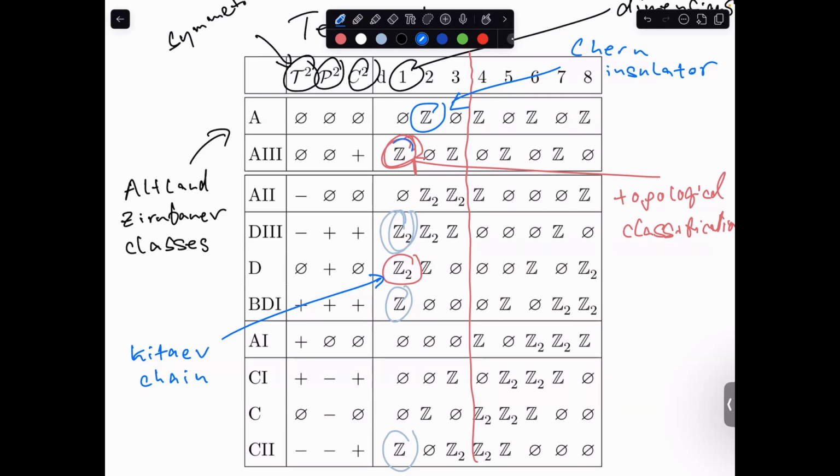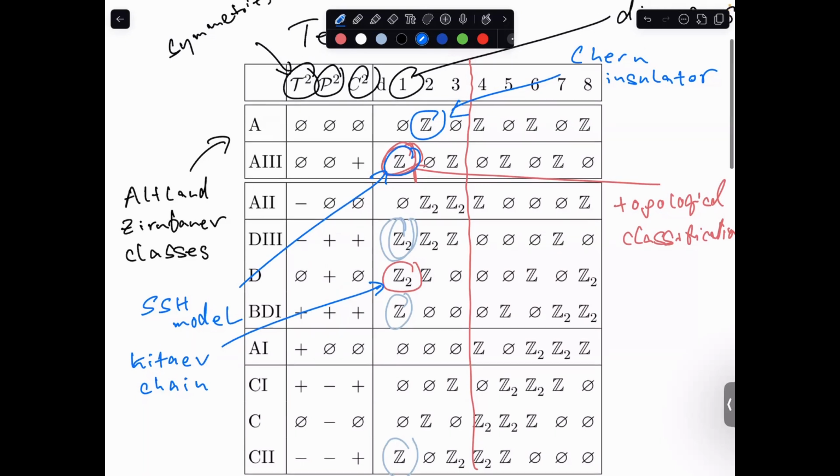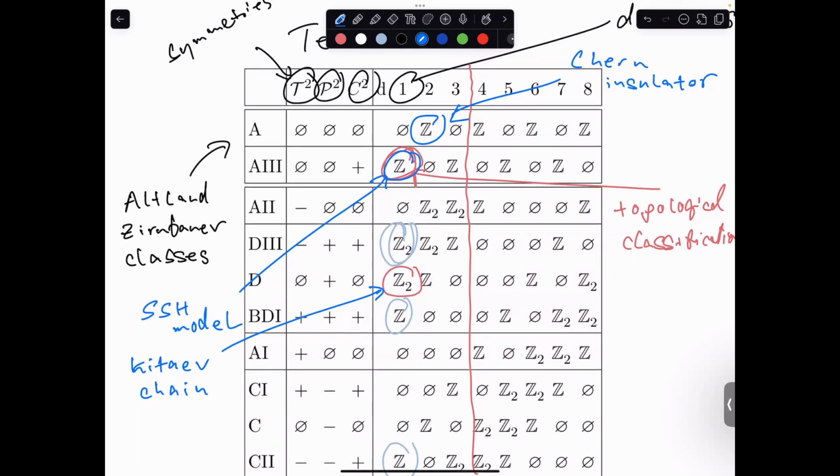And then class AIII here is the celebrated SSH model, which stands for Su-Schrieffer-Heeger model of polyacetylene, which came up in the 70s, 80s to describe polyacetylene chains, but now has found its place as the hydrogen atom of topological phases because everything else can be constructed out of SSH models.